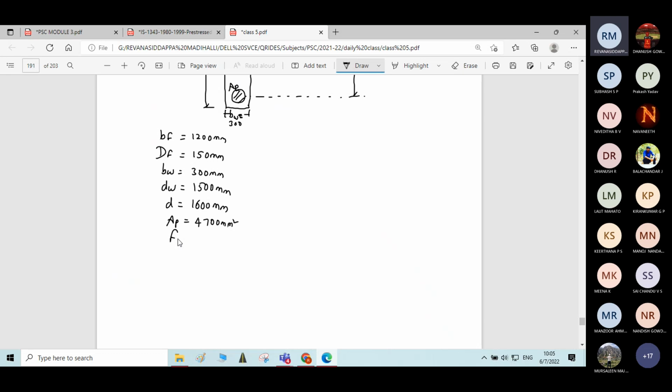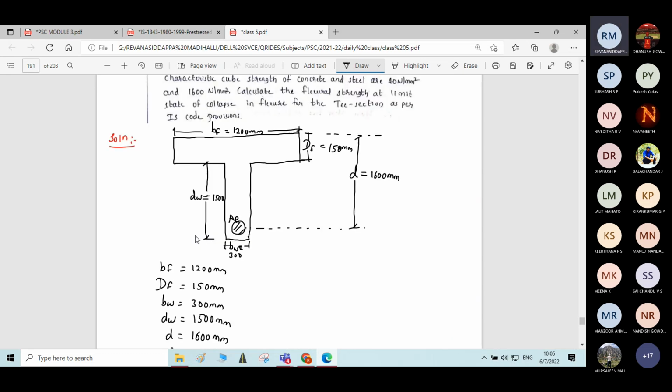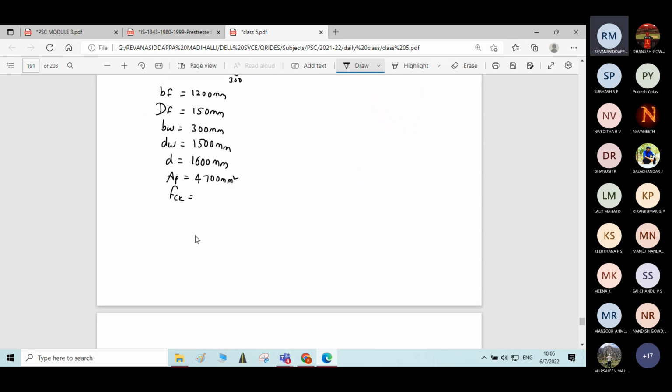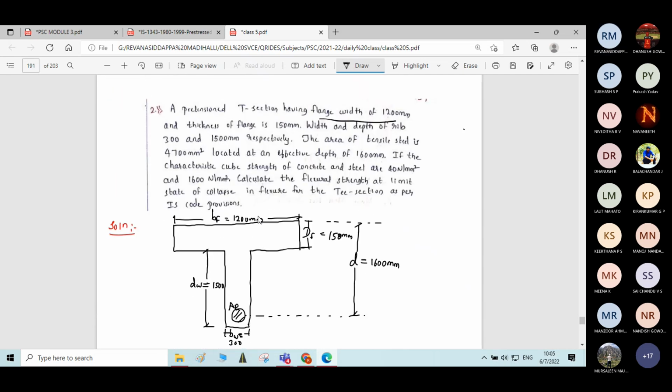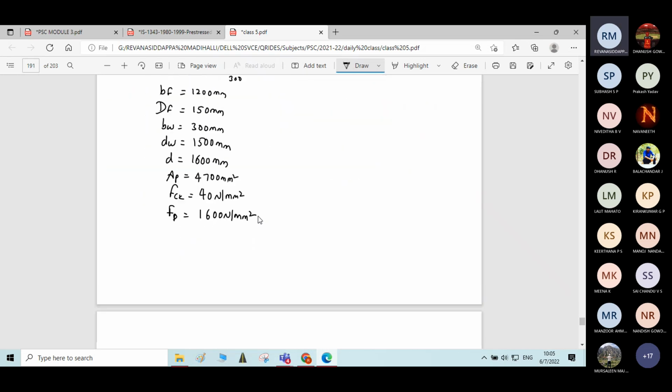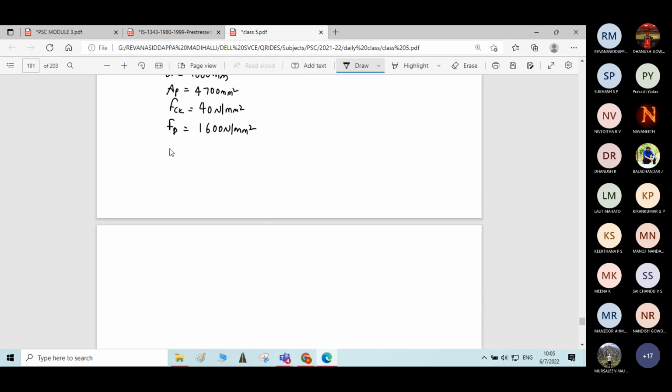Then FCK, characteristic strength of concrete, is given as 40 Newton per mm square. And characteristic strength of pre-stressing steel is given as 1600 Newton per mm square. Correct? We have to find MU, ultimate moment of resistance.